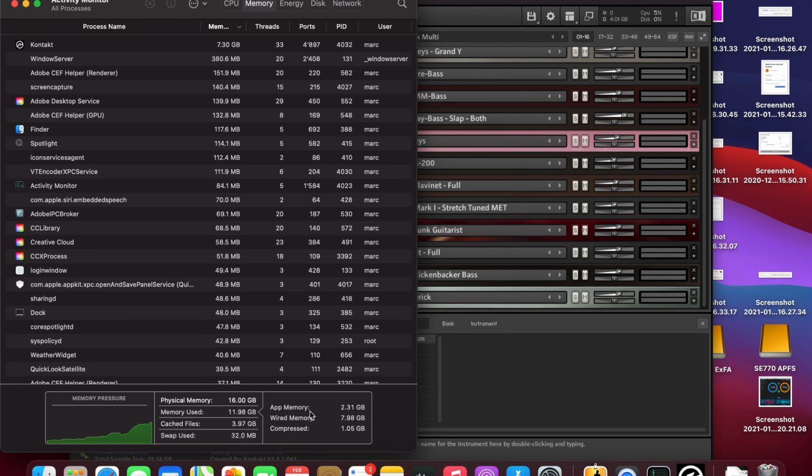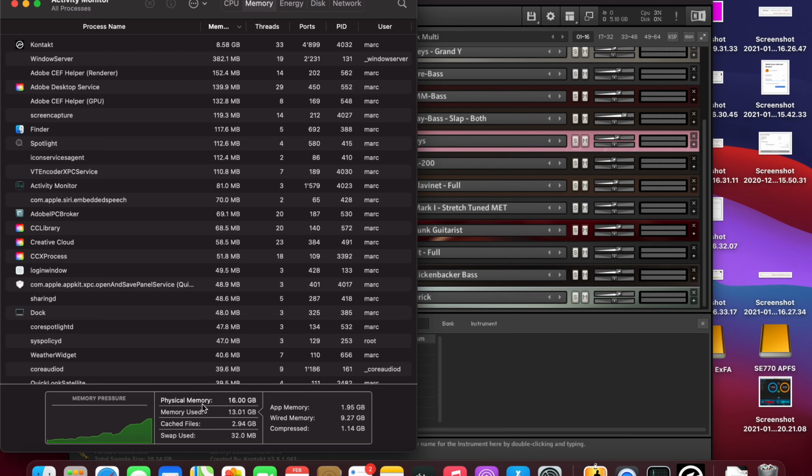I mean, remember that for the 8 gigabyte version we would have stopped at 8 gigabyte obviously, and the memory pressure would have been high. But we see that Kontakt is continuing to grab memory as long as it can, probably.